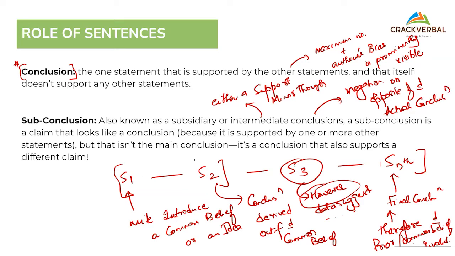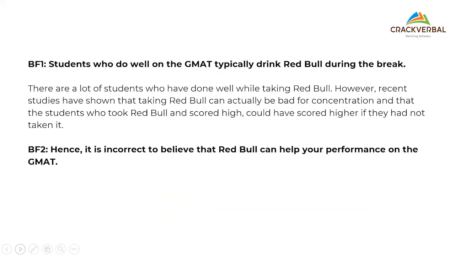This S2 is working as a counter to the main one. It isn't the main, but it's a conclusion that also supports a different claim. That claim can either support the nth one or be different from it. Clear? Let us see a little example.